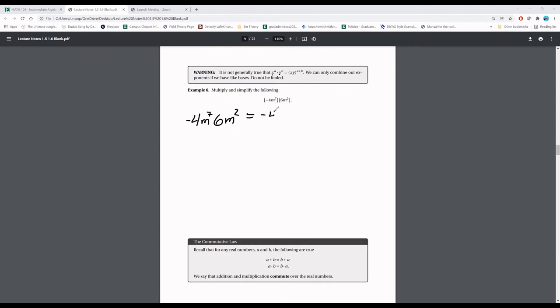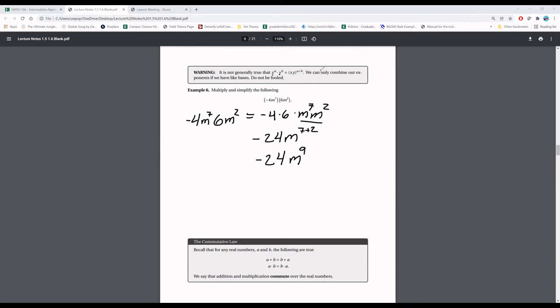This is the same as negative 4 times 6 times m to the 7 times m squared. Let's see, negative 4 times 6, how about 24, but it's negative. And then in this case, I can use my exponent properties and say that's the same as m to the 7 plus 2, negative 24 m to the ninth.